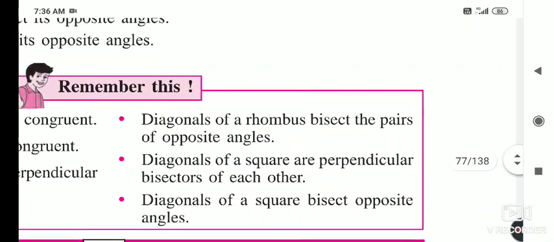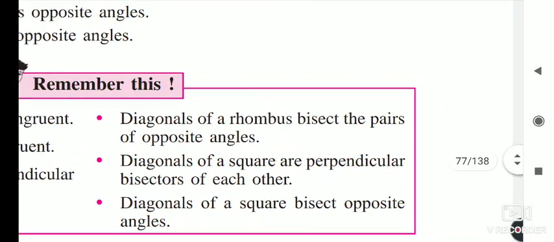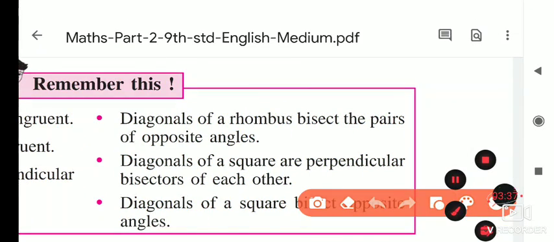After this, the diagonals of a rhombus bisect the pairs of opposite angles.